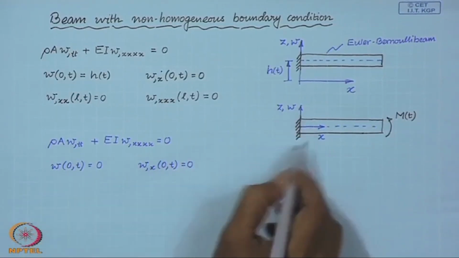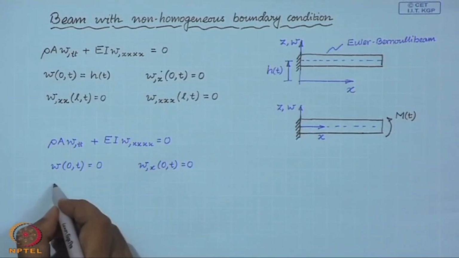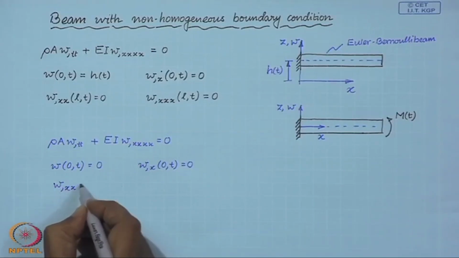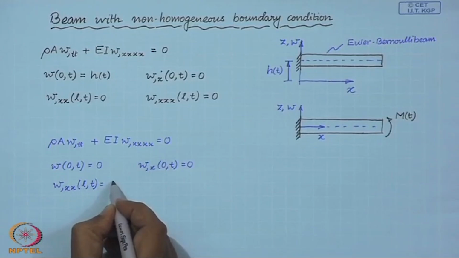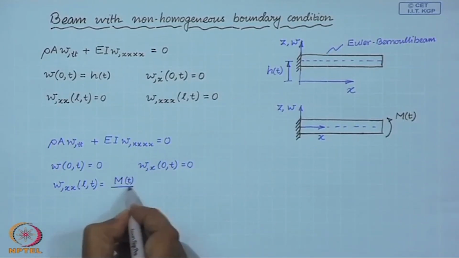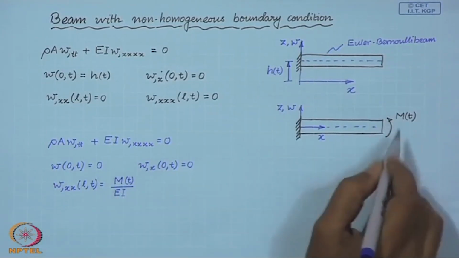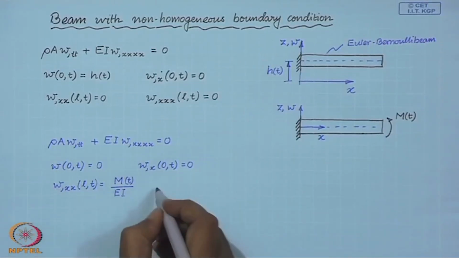So, once again at this fixed end, now they are both 0, the displacement and the slope, whereas the bending moment condition at this free end may be written like this.